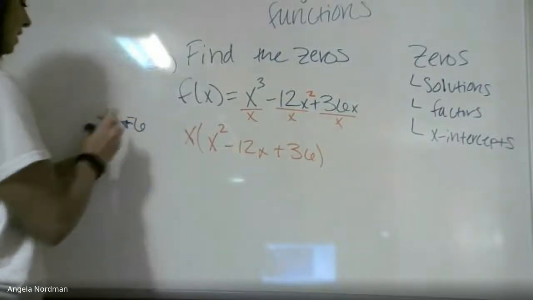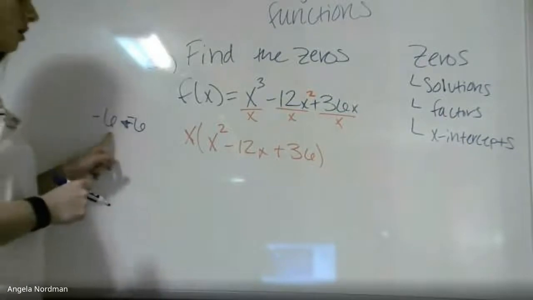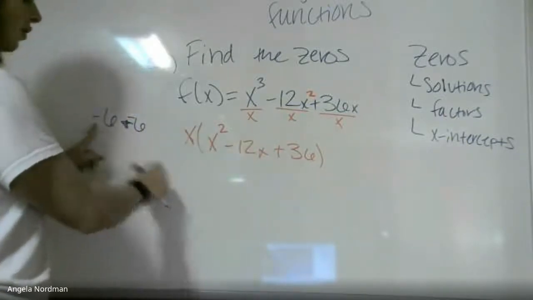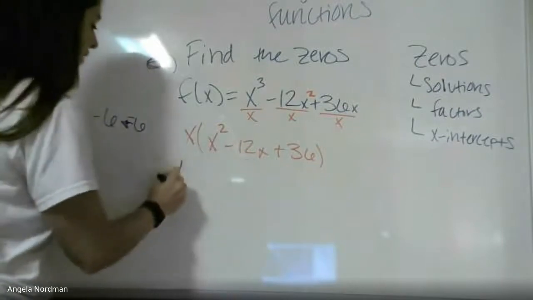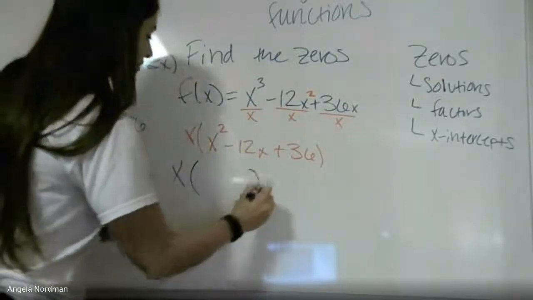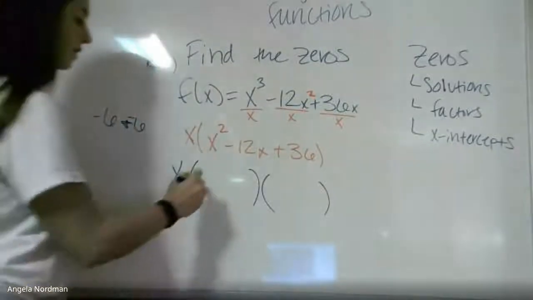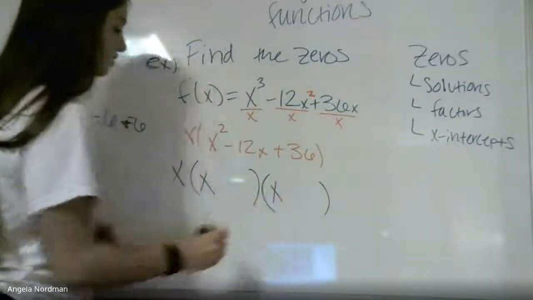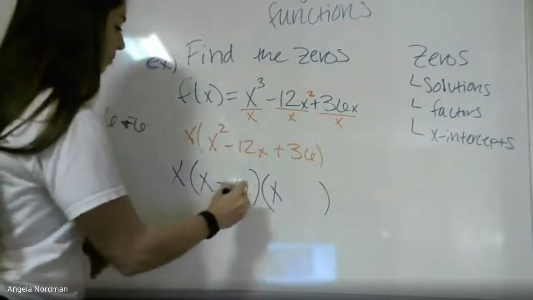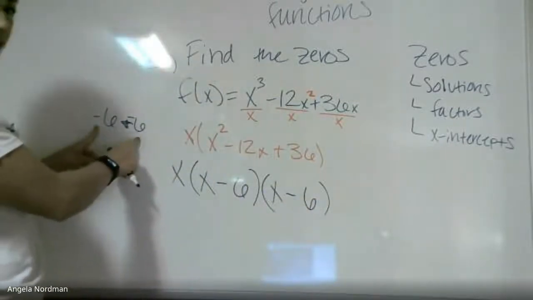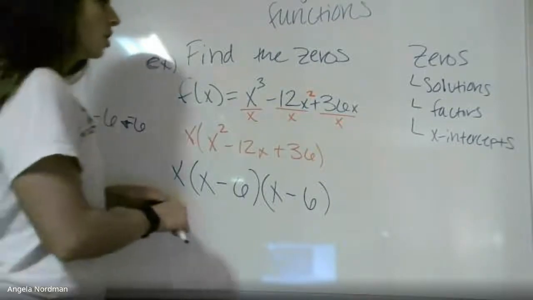So what if I made this negative 6 and negative 6? Multiplied together, they're still positive 36. Added together, they are in fact negative 12. So I leave this x on the outside. Whenever I factor using this method, we start with an x in each of these binomials, and then I put in the factors that I use. So it's negative 6 and negative 6.